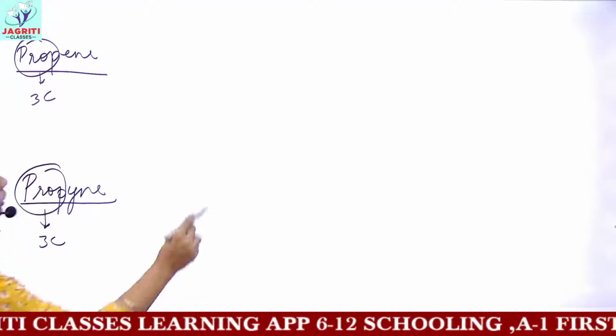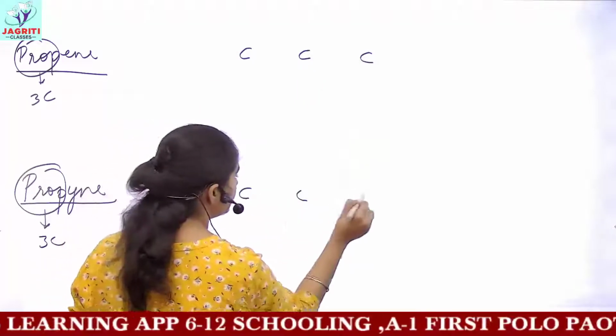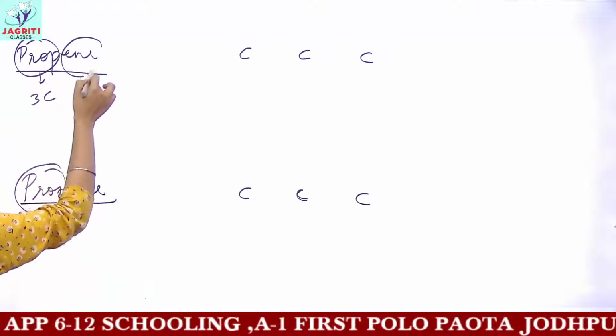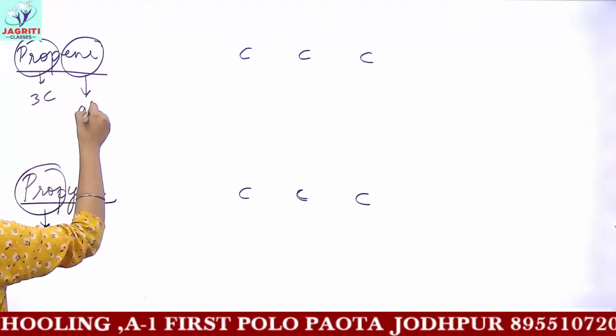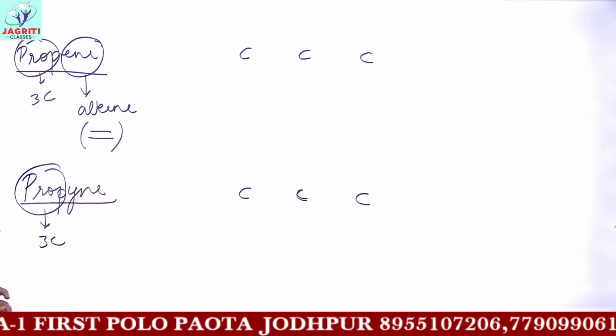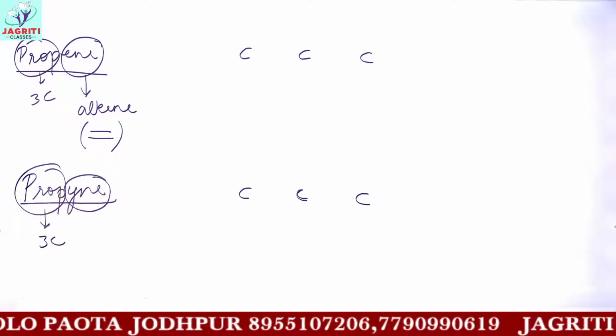In both the structures, you have 3 carbons included. The next comes, here the word is ene. The word ene comes from alkene, and alkene means where a double bond is present. Whereas in the second name you have yne.